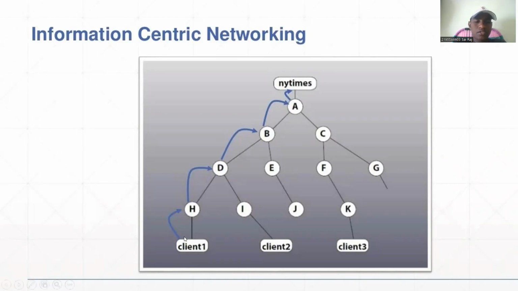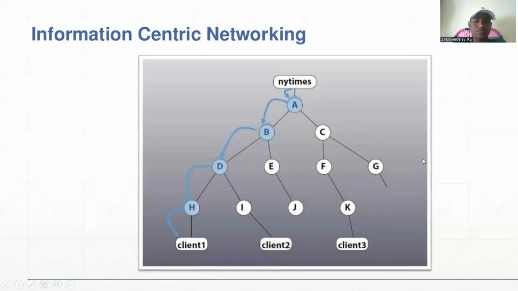Client 1 is requesting data from H, H is requesting data from D, D is requesting data from B, B is requesting data from A, and A is requesting data from the server. So the server has to send the data using information-centric networking. Let us see how it will send.